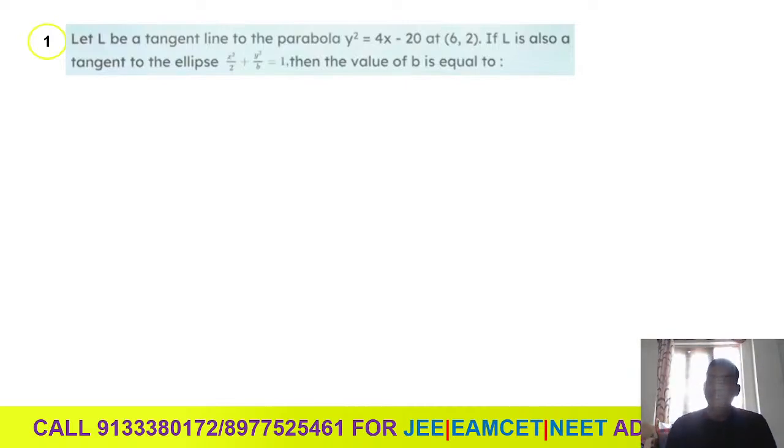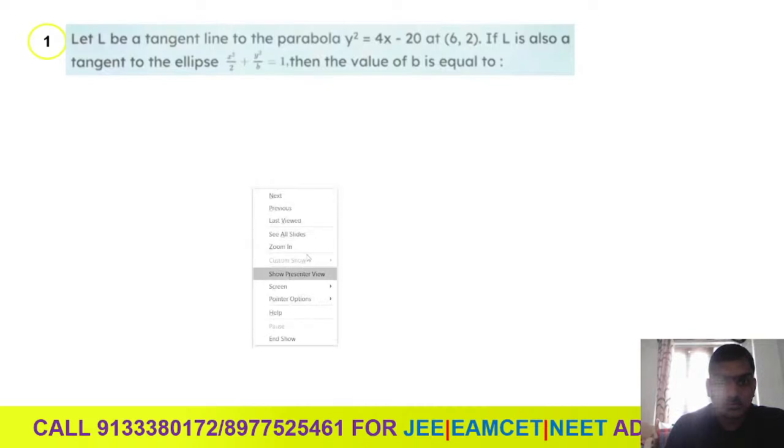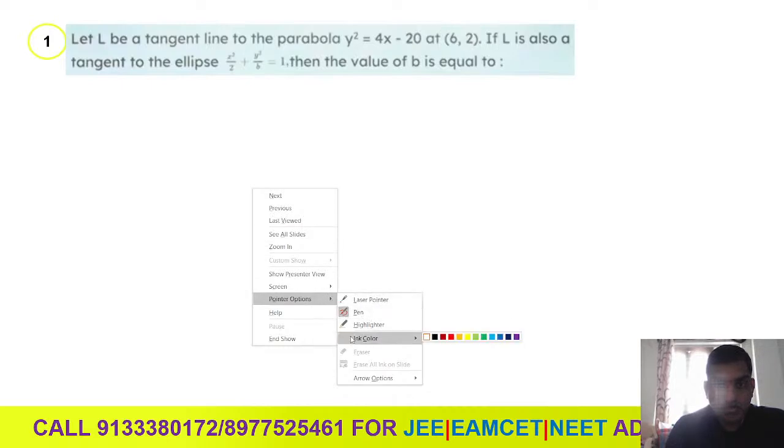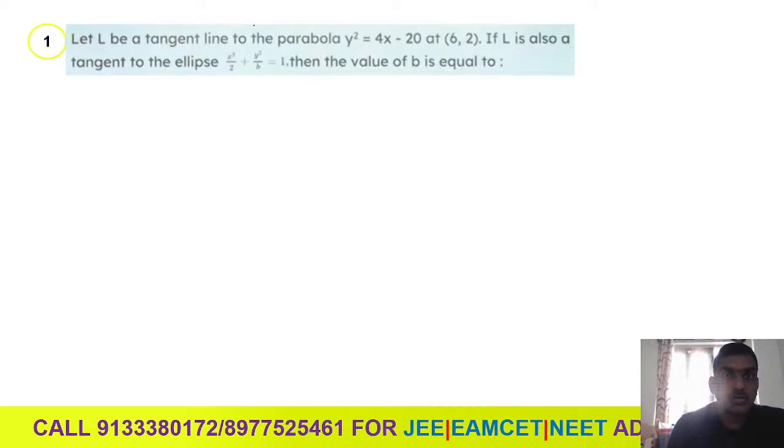See here, L is the tangent line to the parabola y square equal to 4x minus 20 at (6, 2).